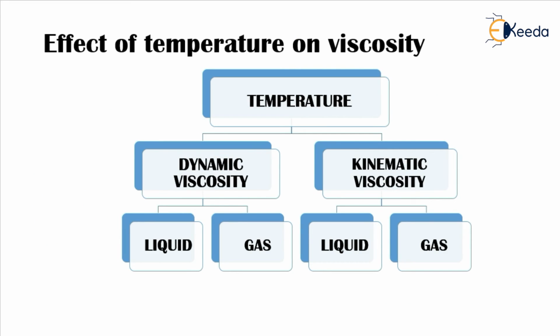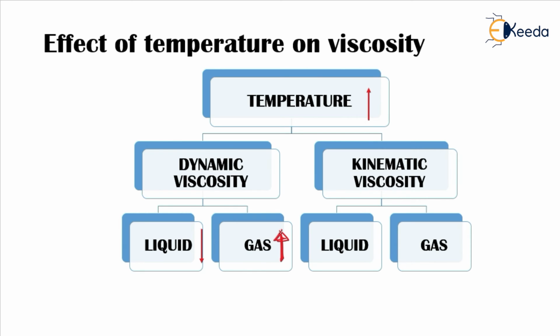Now we will see the effect of temperature on viscosity. Suppose you increase the temperature, then what will be the effect on dynamic viscosity? Try to understand it in this manner: dynamic viscosity of liquid will decrease, while the dynamic viscosity of gases will increase.